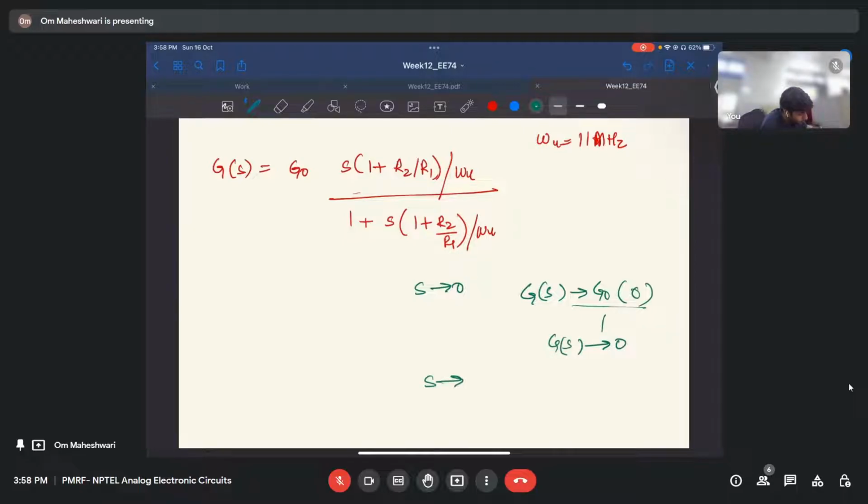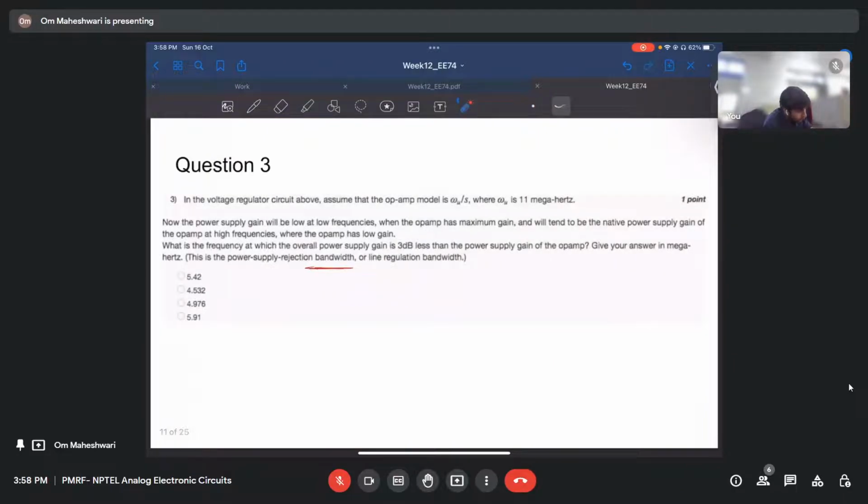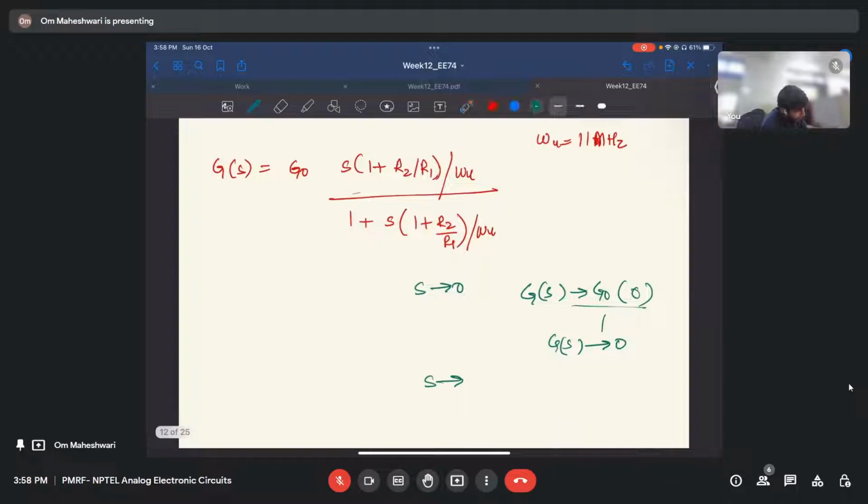And at high frequencies, the power supply gain of the op amp at high frequencies will tend to be the native power supply gain of the op amp. So at high frequencies, G(s) will tend to G naught into infinity upon 1 plus infinity.